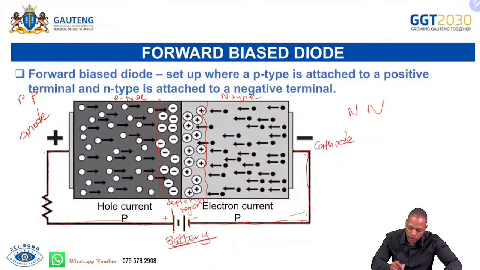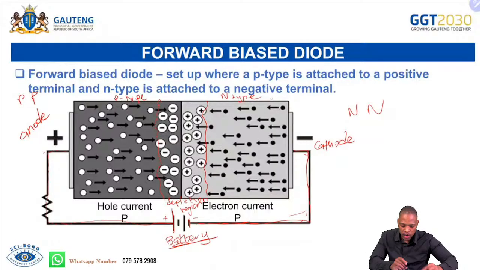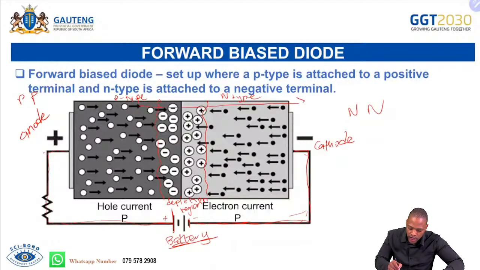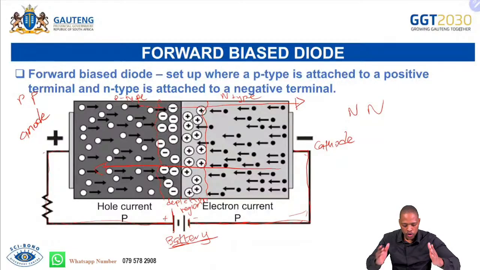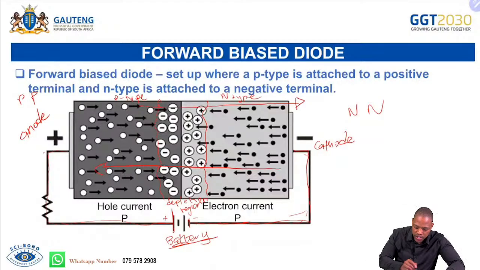So you can see that the holes are actually moving in this direction, while the electrons are actually moving in this direction. Okay, so we have ourselves a what? We have ourselves a diode that is working. We have electrons moving in this direction and we have holes moving in this direction.